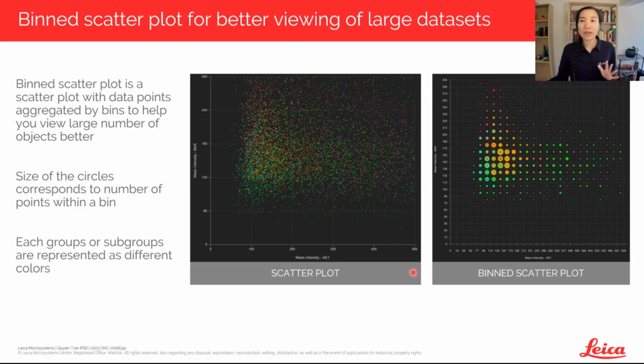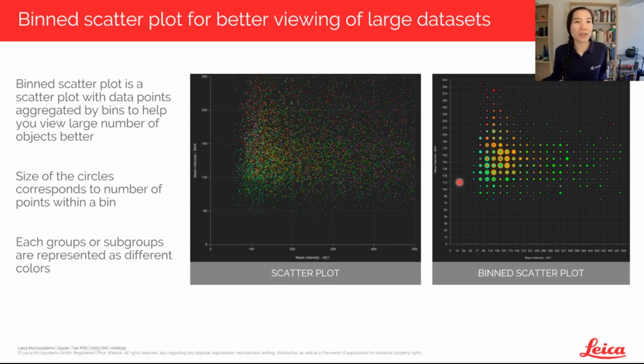This is usually a great way to examine the data, but because we have such a large number of cells, the degree of overlap here makes it really hard to understand and parse out the data. Therefore, we've created the bin scatter plot, where each cell phenotype is aggregated by bin, and then the size of each of these circles represents the number of cells of that phenotype within a bin.